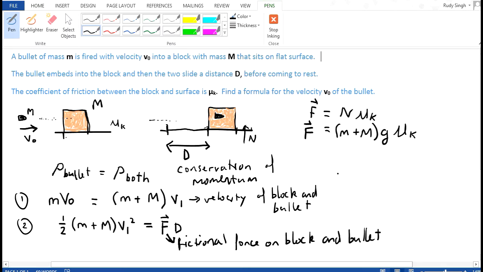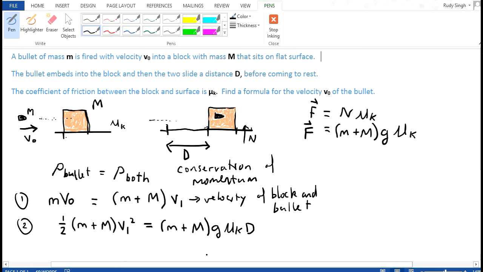So we push this in. We're going to replace this F here with this m plus M g mu sub k. So we replace F with this piece here, small mass plus big mass, g mu sub k, that's the frictional force, times the distance. And now we solve this for v1. So what is v1 going to be?